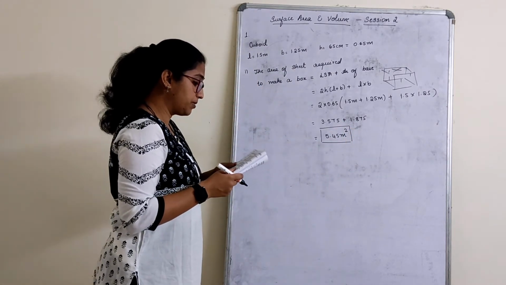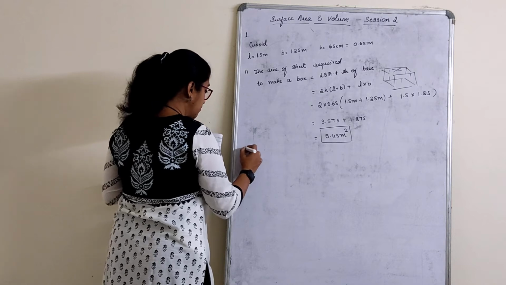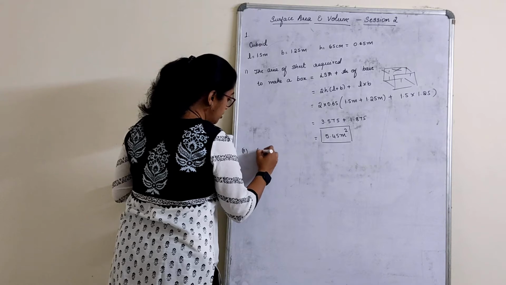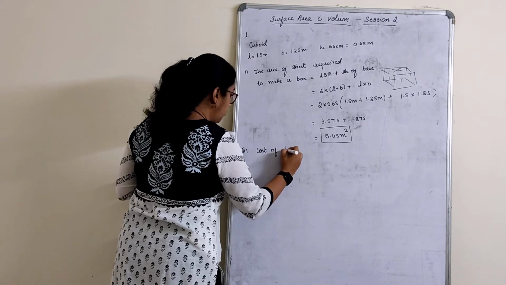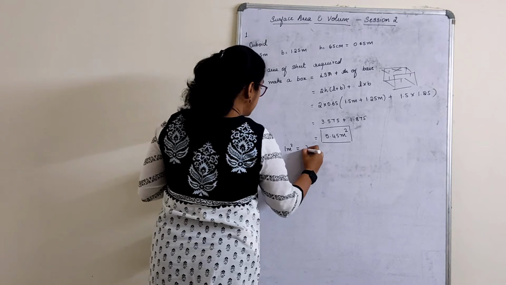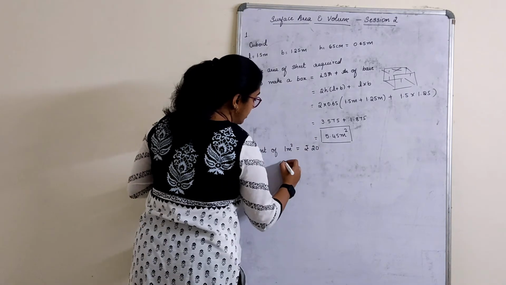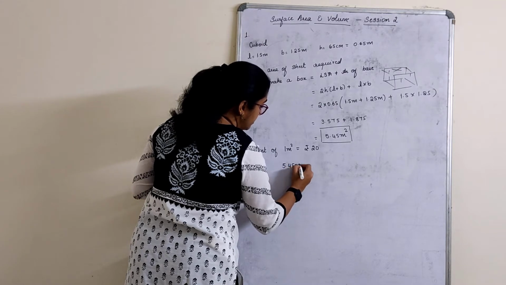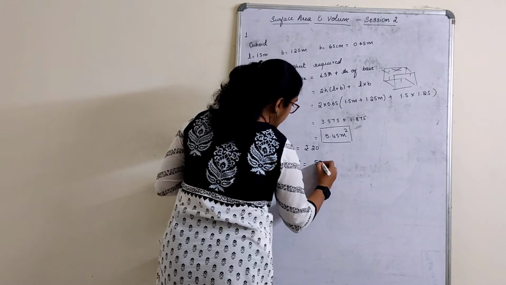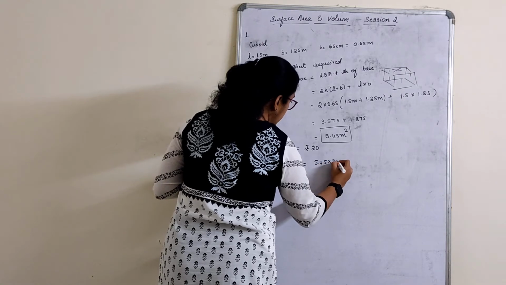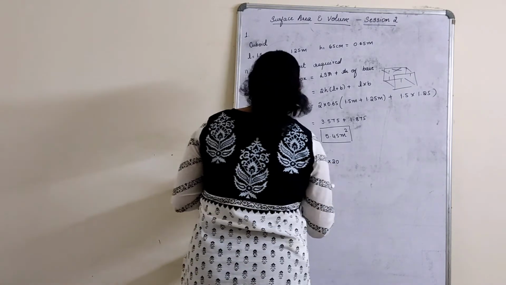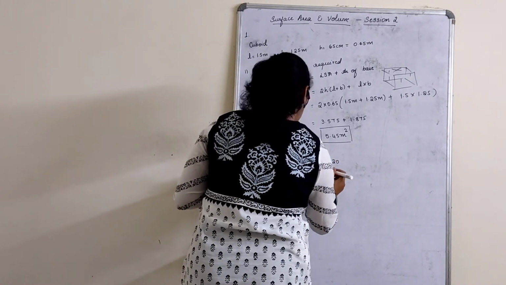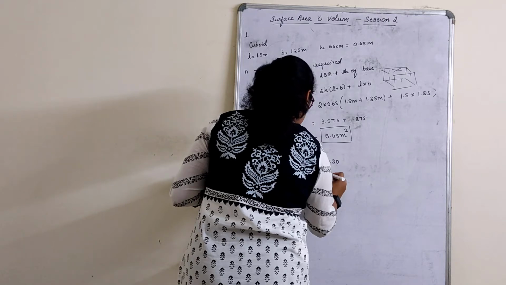See the second part of the question. The cost for sheet: if the cost of 1 meter square sheet is rupees 20, therefore cost of 5.45 meter square is 5.45 into 20, that is equal to rupees 109.